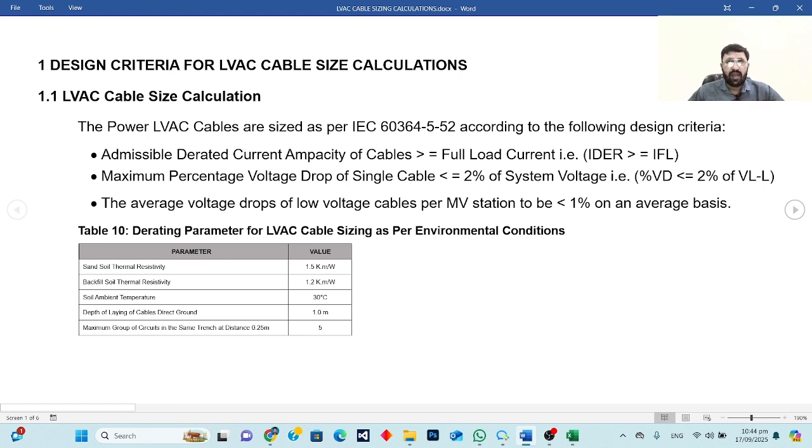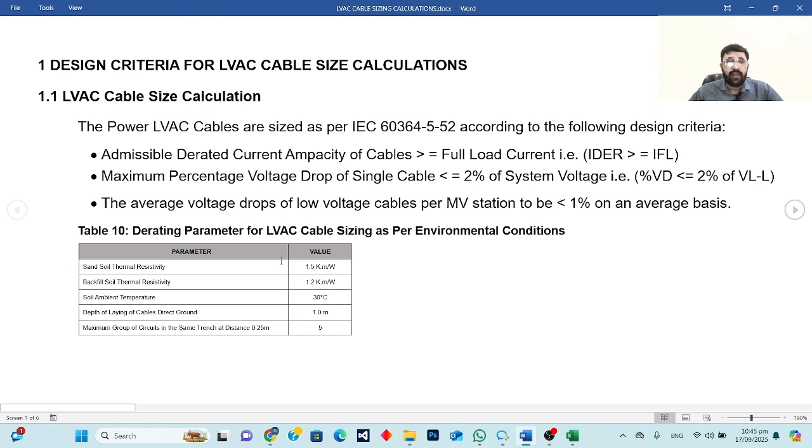That is not any requirement from the IEC standard. It is just the requirement of the client. And due to the limitation from PVsyst, we just put the average voltage drop, not the single cable voltage drop.